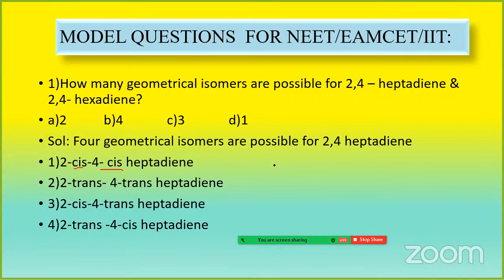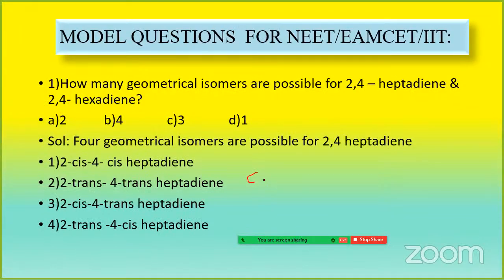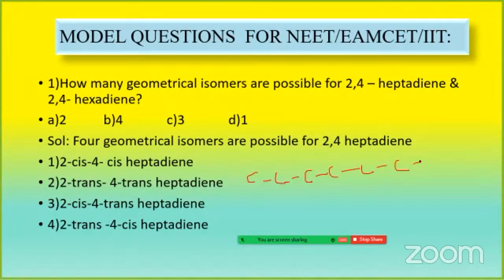Hept means how many carbons? 7 carbons, right? So let us take 1, 2, 3, 4, 5, 6, and 7. Okay, 7 carbons you are taking.